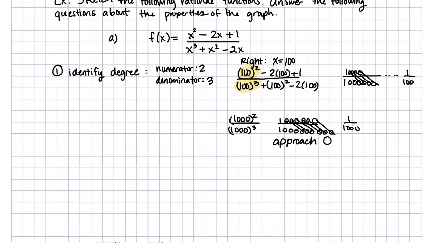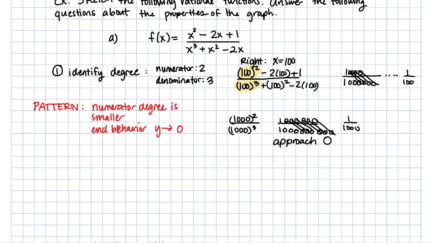The pattern that I want us to observe is that when the numerator degree is smaller, we're going to have end behavior of the y values going to 0. So this is going to be an example of what we call a horizontal asymptote. Our curve is going to approach a horizontal line at 0.